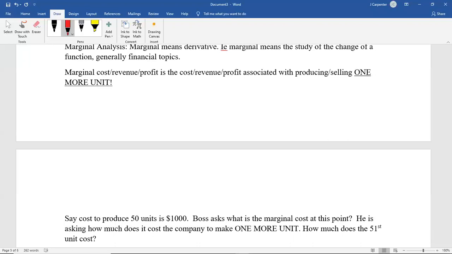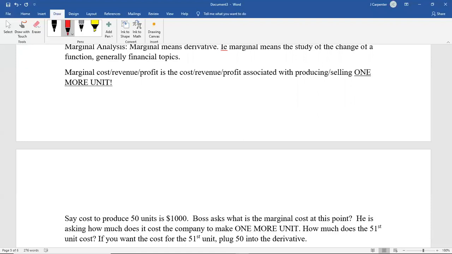So if you have a function, you take its derivative, and if you want to know how much it costs to produce the 51st unit, you plug 50 into the derivative.